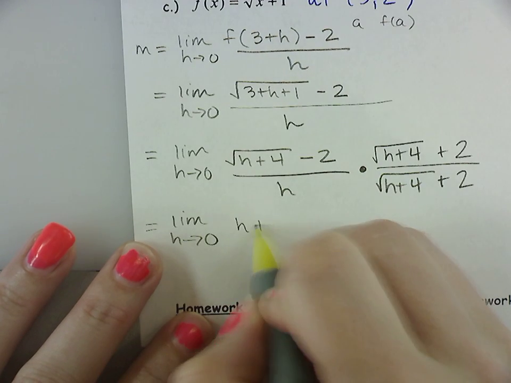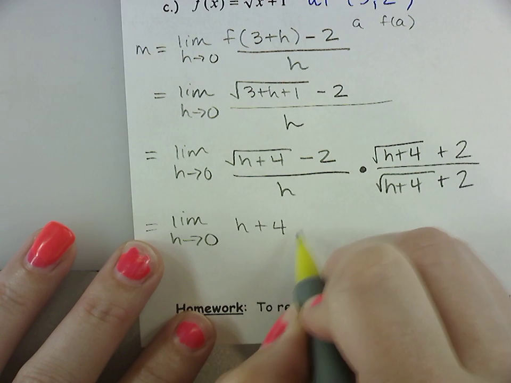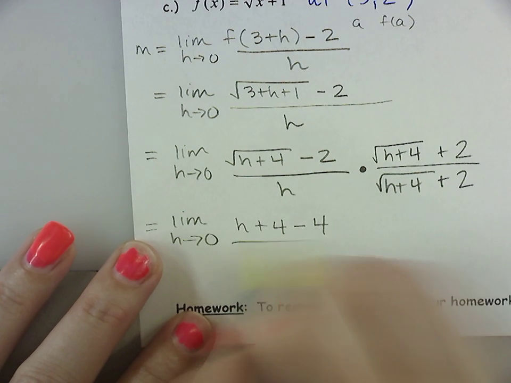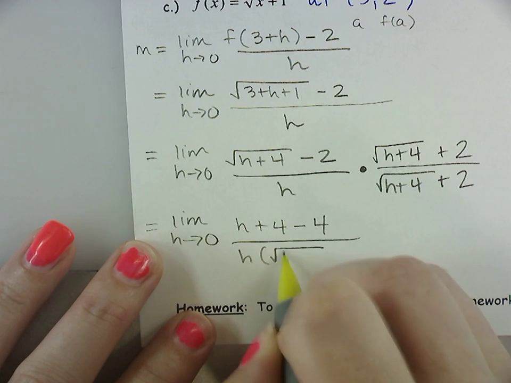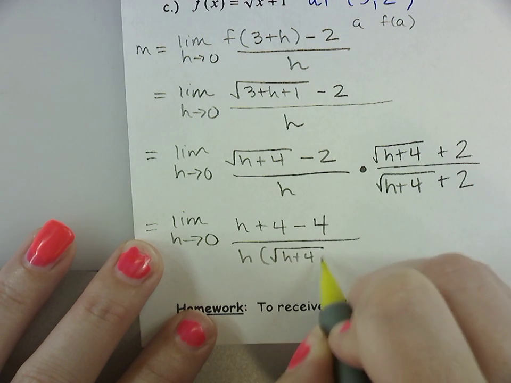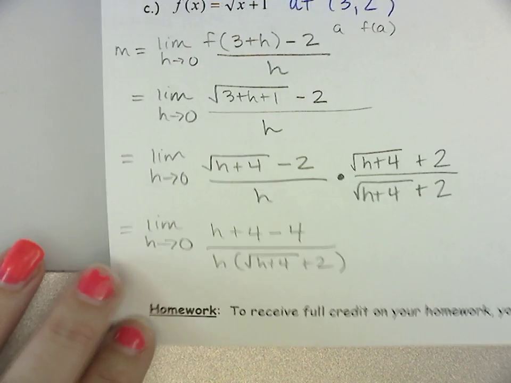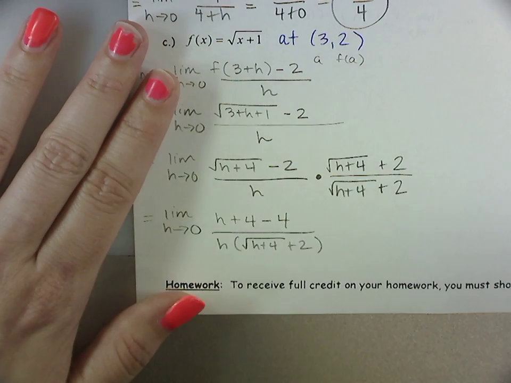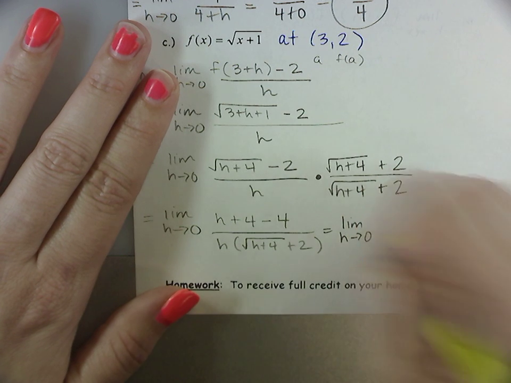The square root of h plus 4 times the square root of h plus 4 is what? h plus 4. And then the middle will cancel out because they're opposites. Negative 2 times 2 is negative 4. And then on the bottom, it's h multiplied by the square root of h plus 4 plus 2. Don't forget that that's still part of your equation.